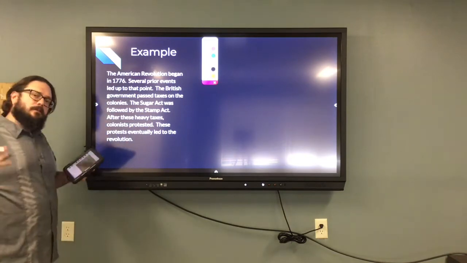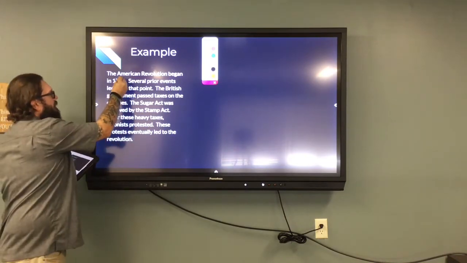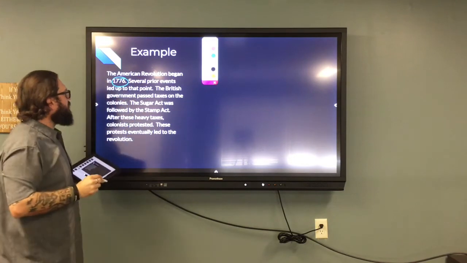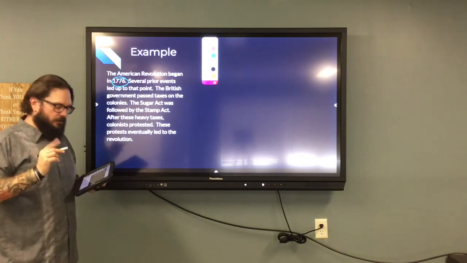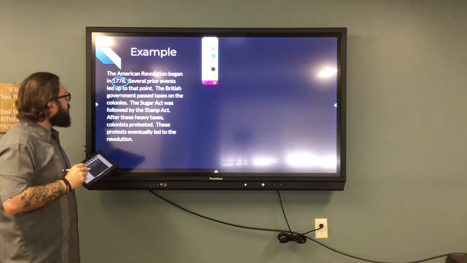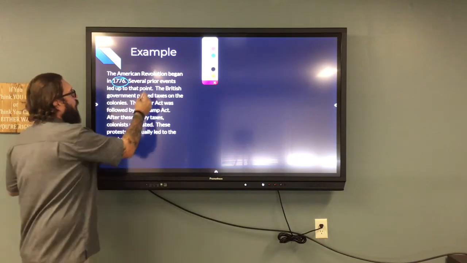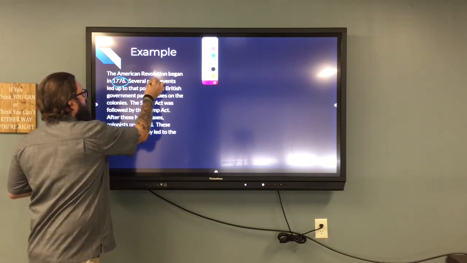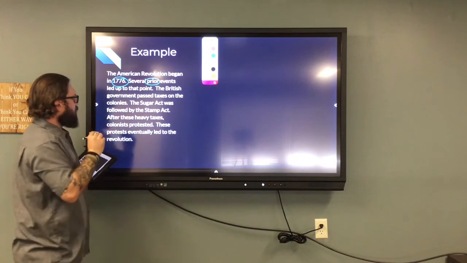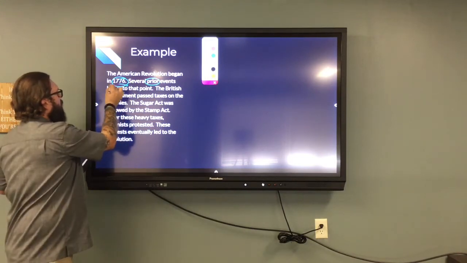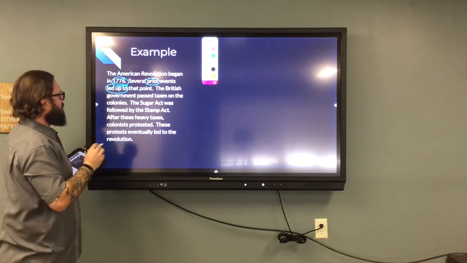All right, remember, dates are important. So we are given the date 1776. So let's remember that. Several prior events. Prior is another signal word. Led up to, signal phrase.